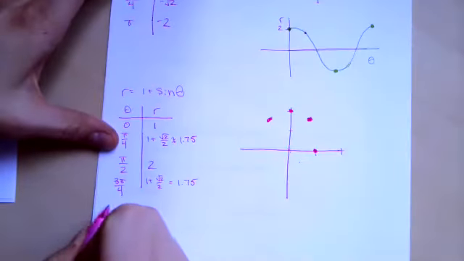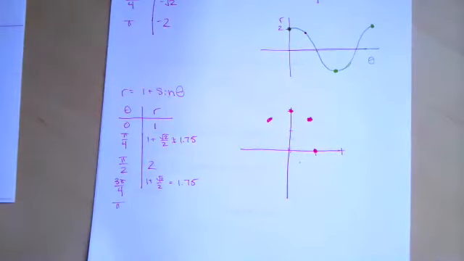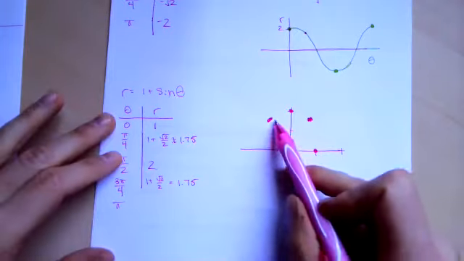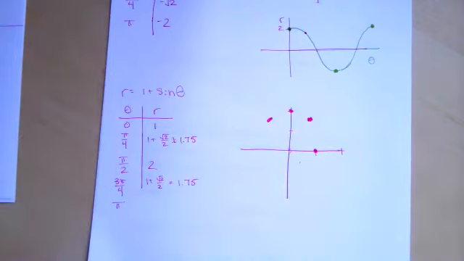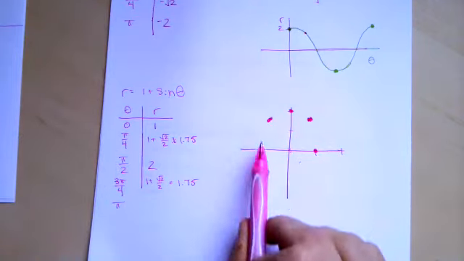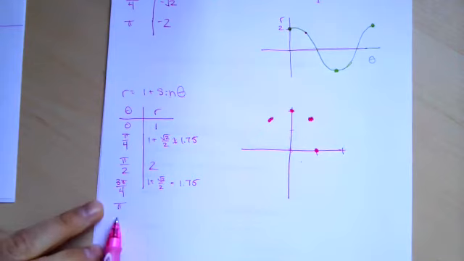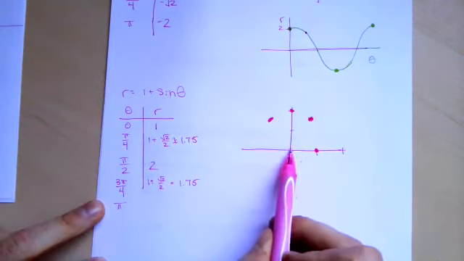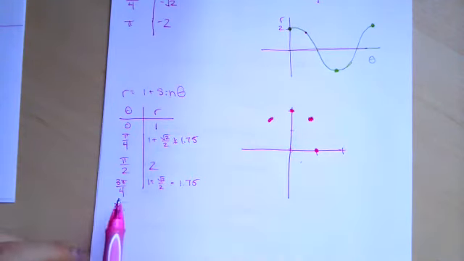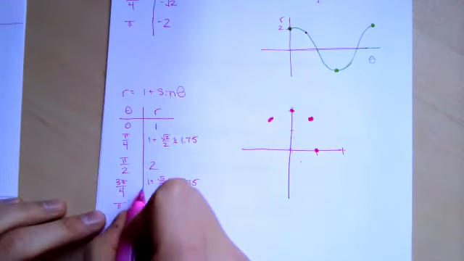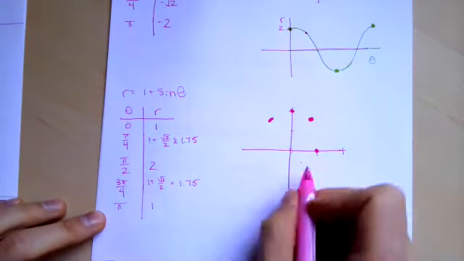Try the best you can to graph these. Really, the overall shape is the most important, just to see how the radius is behaving as we're rotating around. So at pi, we're pointing horizontally on the x-axis. What happens to sine of pi? We get 0, so we just get 1 again.